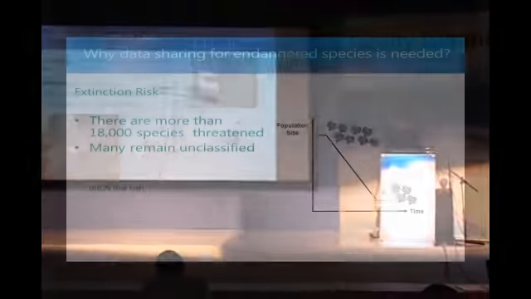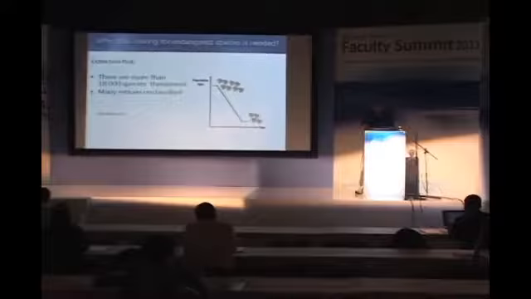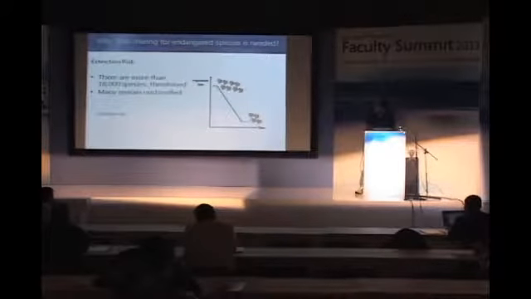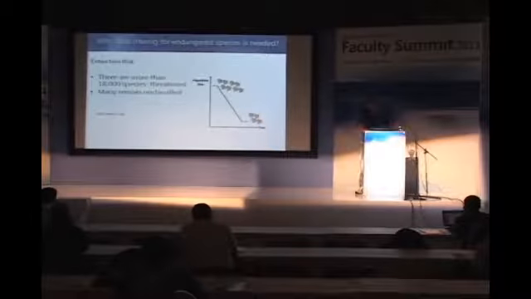endangered species. The problem about wildlife in South America and in many places around the world is that there are many species that are threatened. More than 18,000 species are threatened around the world, and many of them remain unclassified. Extinction is a process that begins with a population decline and follows to a complete disappearance of a species.